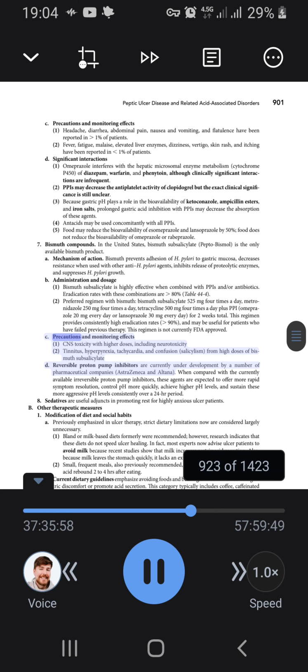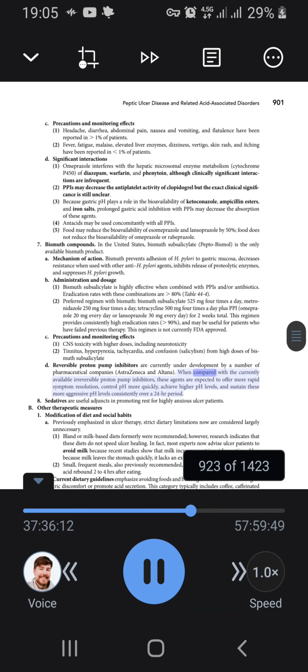C. Precautions and monitoring effects. 1. CNS toxicity with higher doses, including neurotoxicity. 2. Tinnitus, hyperpyrexia, tachycardia, and confusion: salicylism from high doses of bismuth subsalicylate. D. Reversible proton pump inhibitors are currently under development by a number of pharmaceutical companies, AstraZeneca and Altana.